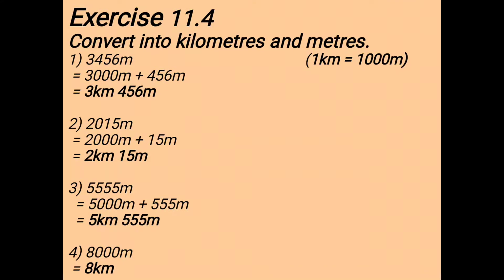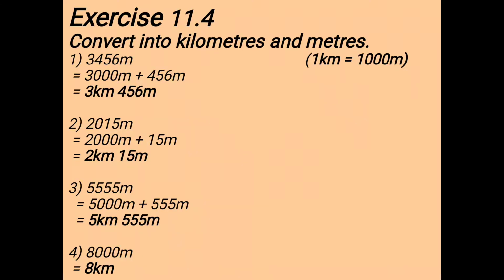Next, exercise 11.4. Here they have told you to convert into kilometers and meters. You have to keep in your mind that 1 kilometer is equal to 1000 meters. The question is 3456 meters.